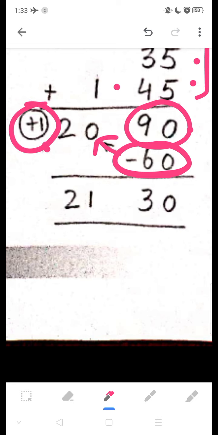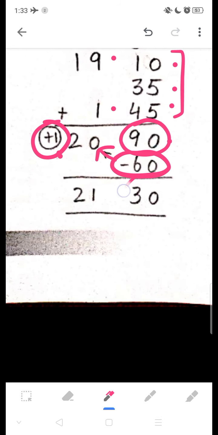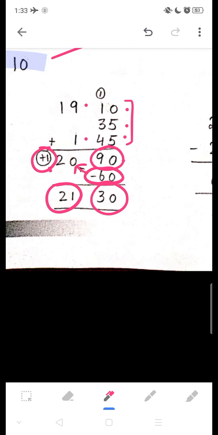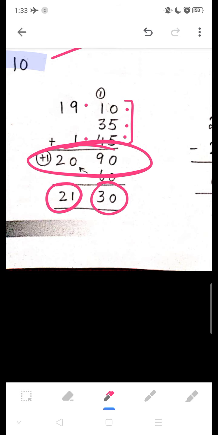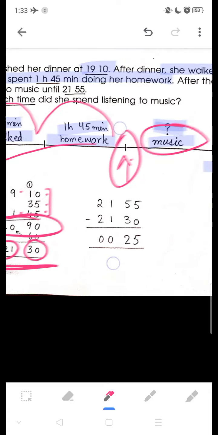So 90 minus 60 has become 30, and the hour has become 21. So our time is 21:30, because there is no such time as 20:90.